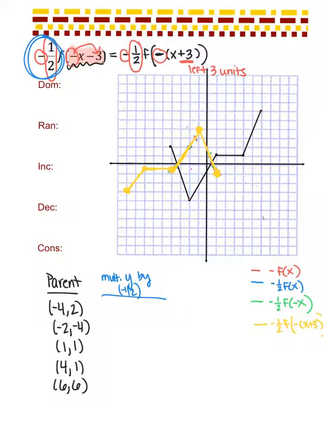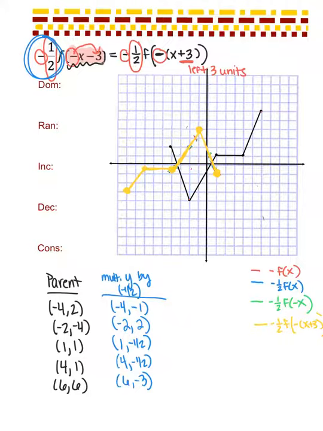So when I multiply all those y's by -1/2, I'd have -4, -1, -2, +2, 1, -1/2, 4, -1/2, and 6, -3. So that would have been my first step.